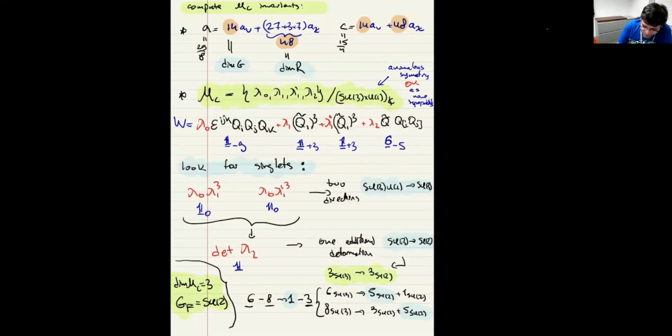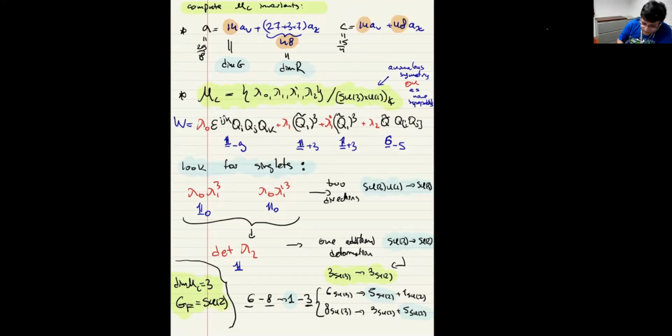So how do you compute this quotient? One way is to find all the holomorphic invariants that you can build from these couplings. You can start with the couplings lambda 0, lambda 1, and lambda 1 prime, since they are singlets of SU(3). So you only need to build independent singlets, or charge 0 combinations under the U(1) symmetry. And it's very easy to build two independent combinations: lambda 0 times lambda 1 cubed, and lambda 0 times lambda 1 prime cubed.